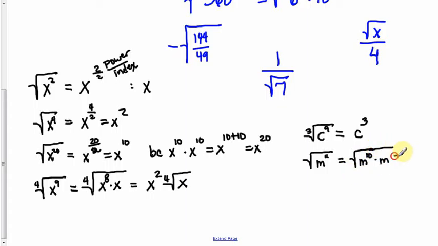Running out of room, but I think I can fit it on here. What's the square root of m to the 10th? M to the 5th, right? 10 divided by the understood 2 right there is m to the 5th. And what remains under the radical is this m right here. Okay?